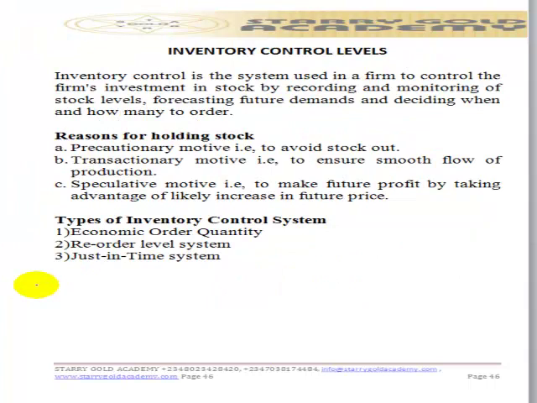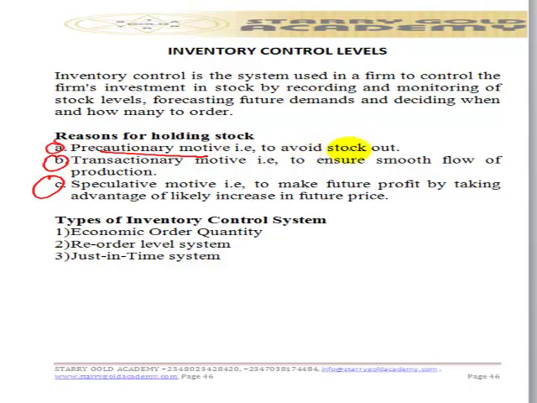Now let's look at the various control levels. Inventory control is the system used in a firm to control the firm's investment in stock by recording and monitoring of stock levels, forecasting future demands, and deciding when and how many to order. Now, there are three reasons why an organization would need materials or demand for it.